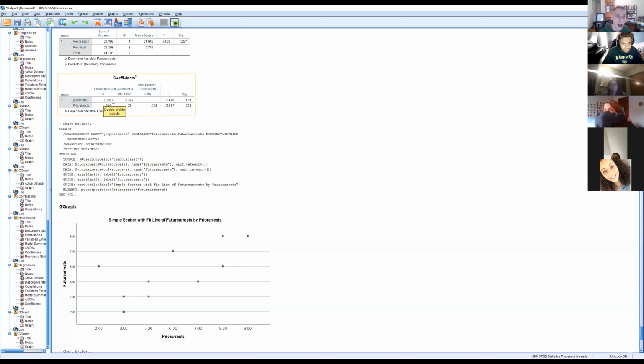So if we're plotting this, the regression line starts at somewhere around a little bit over 2 arrests. So the regression line would start like right down here. And so that's A. And then the beta coefficient, or the beta weight, the thing that x is multiplied by, is right here.